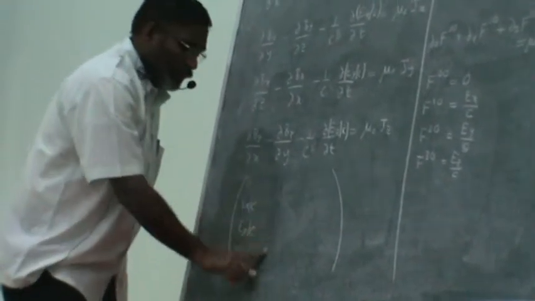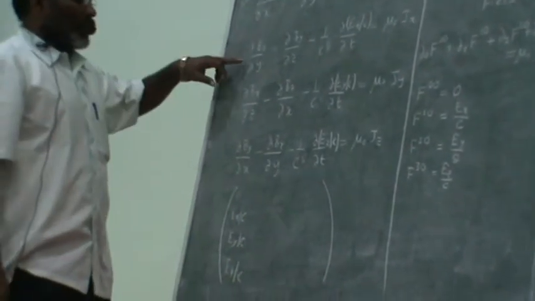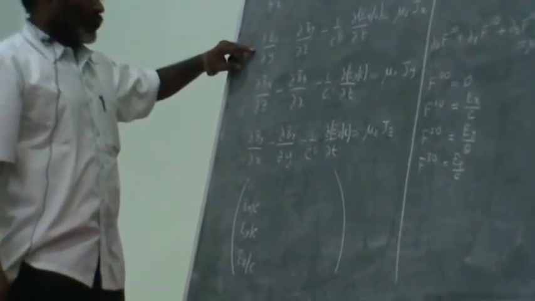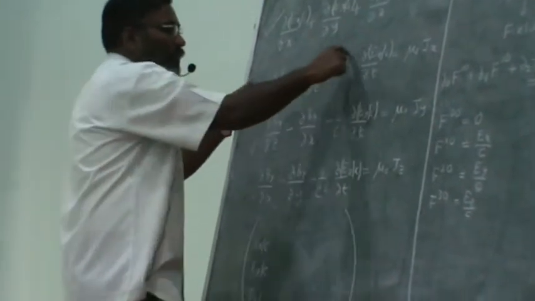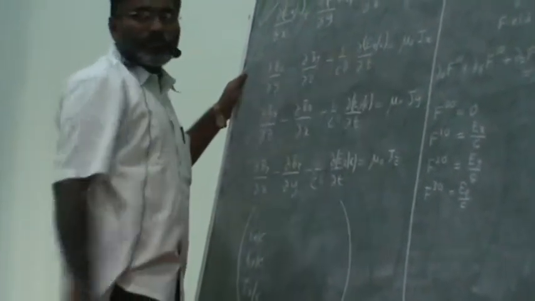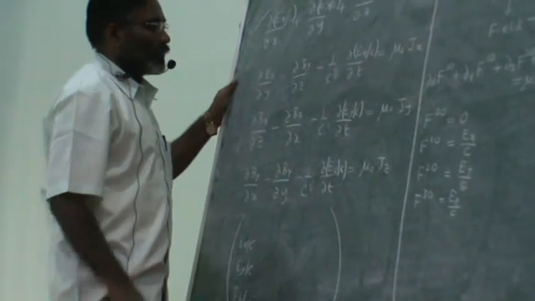What about the second column? For the second column I have to use this. There is a j0 term, correct?